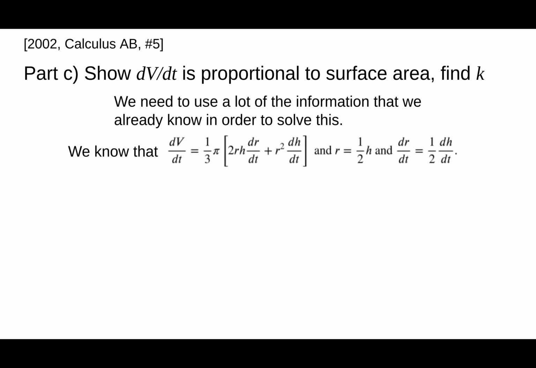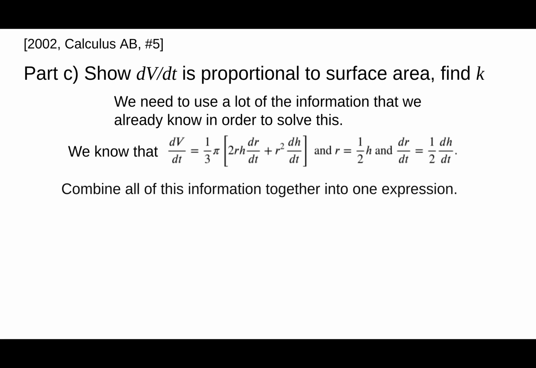So we know that dV/dt is 1/3 pi times (2rh dr/dt plus r squared dh/dt). We know that r is 1/2 h, and we know that dr/dt is 1/2 dh/dt. If we combine all of that information together into one expression, we may be able to simplify it and come up with a convincing argument that dV/dt is in fact proportional to the surface area.